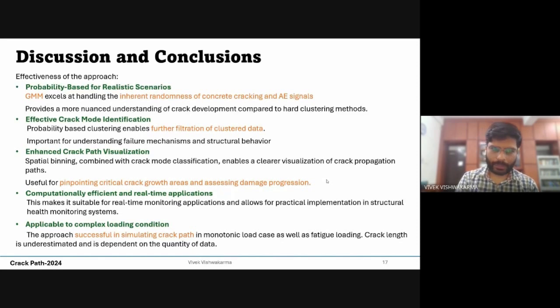So I will conclude my presentation and discussion with these points. GMM excels at handling the inherent randomness of concrete cracking and AE signals.